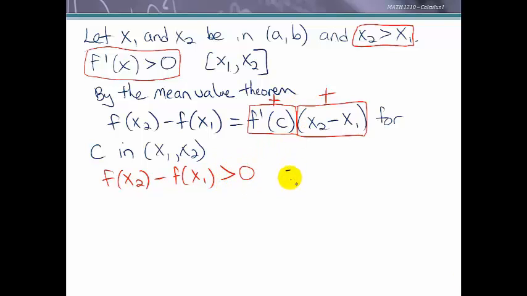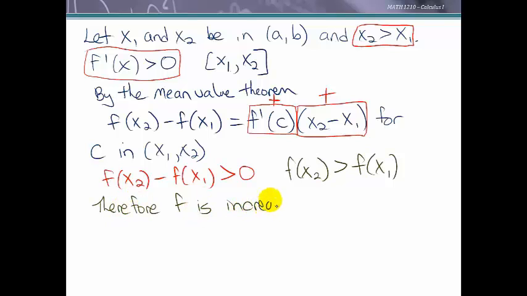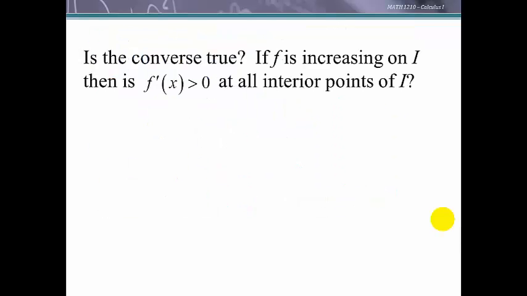Now let's go ahead and move the f of x1 to the other side, and we have that f of x2 is greater than f of x1 for every point in this interval. Well, that was the definition for increasing, so therefore f is increasing on this interval. And that was what we wanted to prove. Now the second one would be very similar to this, but using a less than 0.